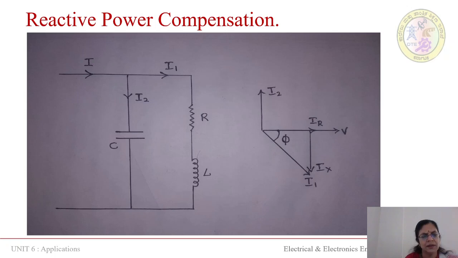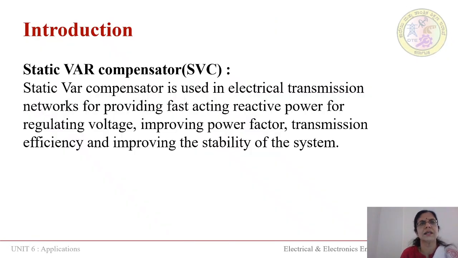This variable reactive power for compensation is obtained using what are known as static power compensators. As the name itself suggests, a static power compensator consists of static devices, that is, it is built up using semiconductor devices.